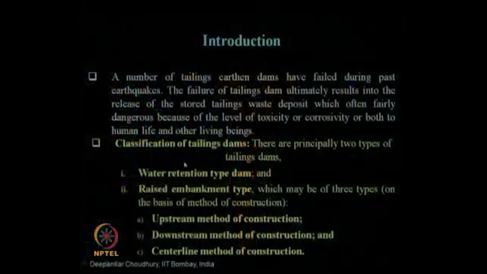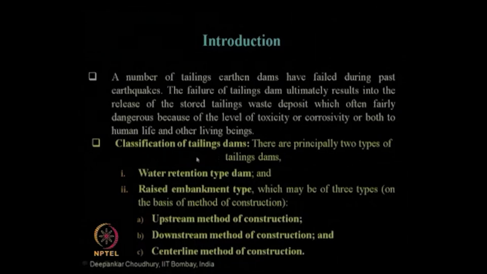So, you can imagine if the tailing dam fails, there will be much more disaster than an earthen dam, because not only does the downstream side get washed away, but also those storage materials get spread over the entire locality in the downstream. So, that is why design of this tailing dam is very important in seismic zones or seismic conditions, and it needs to be carried out carefully.